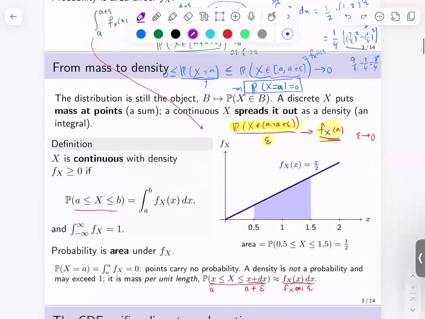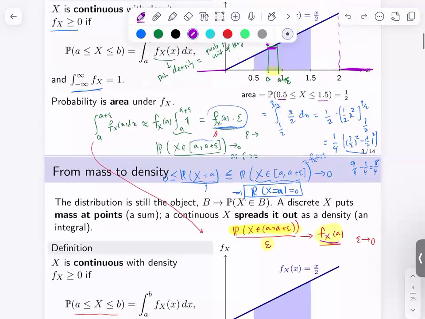One consequence is that the probability that x takes any single value, x equal to a, is going to be 0. So a PMF doesn't make sense here, because the probability of taking any particular value is 0.